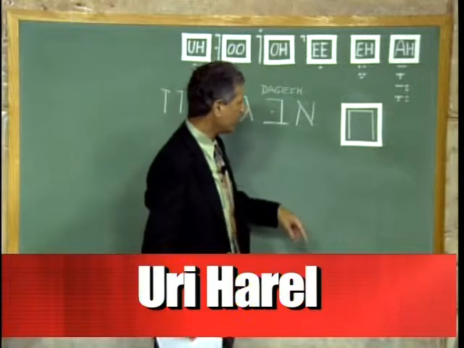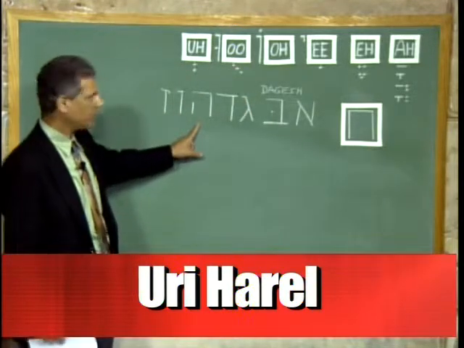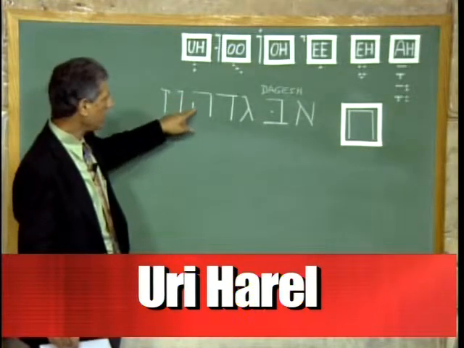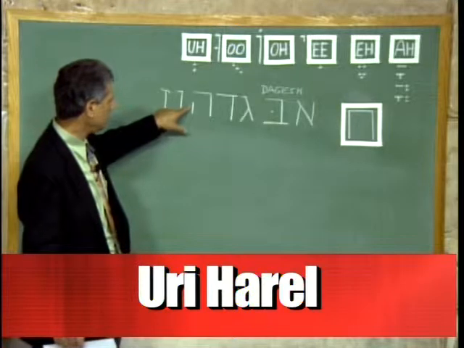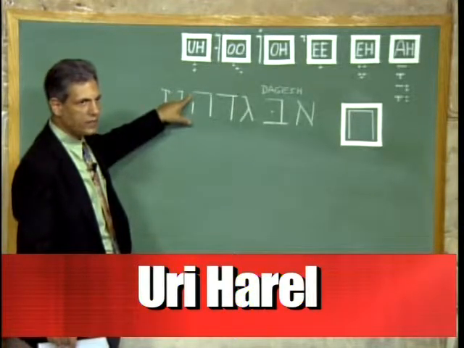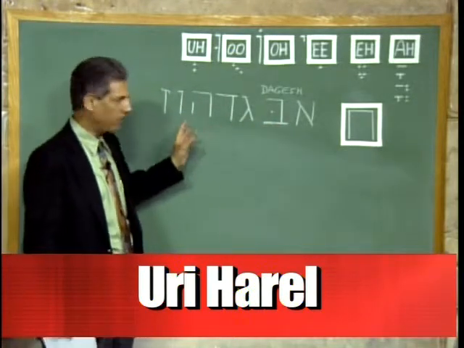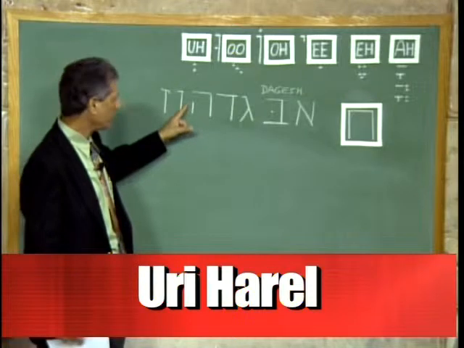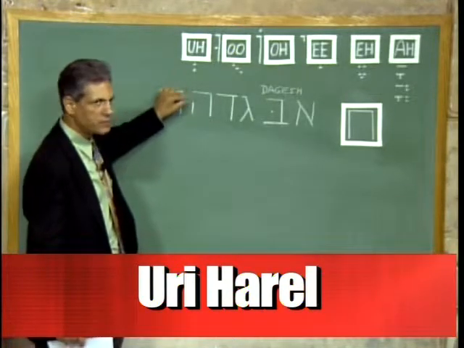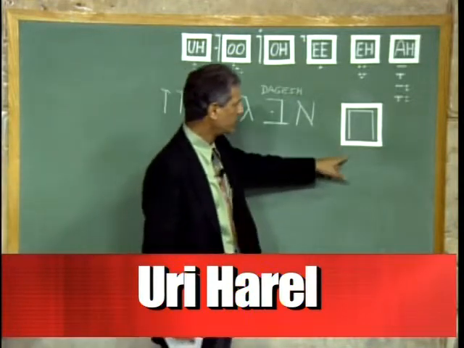And what does this remind you? Look at the letter Hey, which is exactly the same, except there is an opening at the top. So if we pull that little leg of the Hey a little too high in writing, we might mistake it for a Het. So we have to be careful when we draw the Hey to leave that much space at the top, so we will not mistake it for the Het.